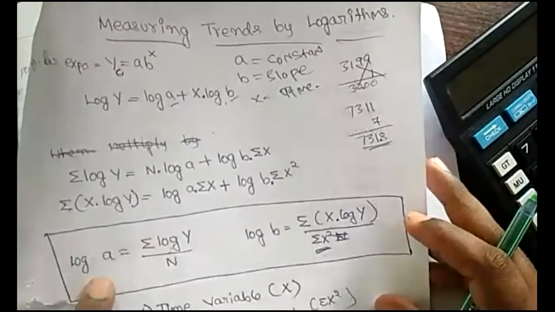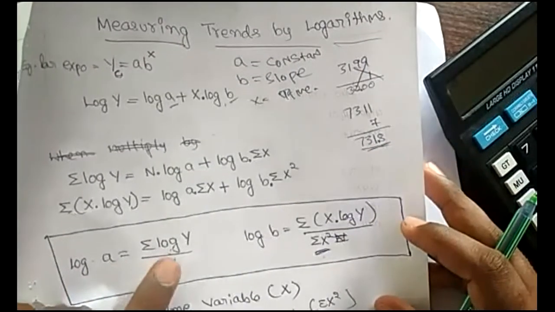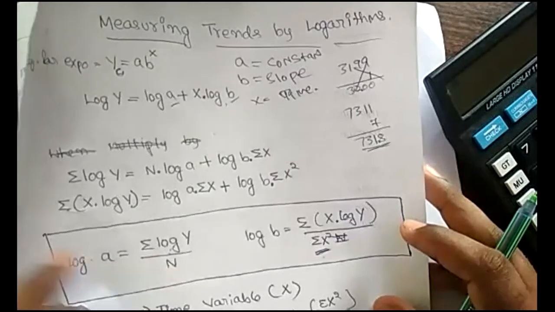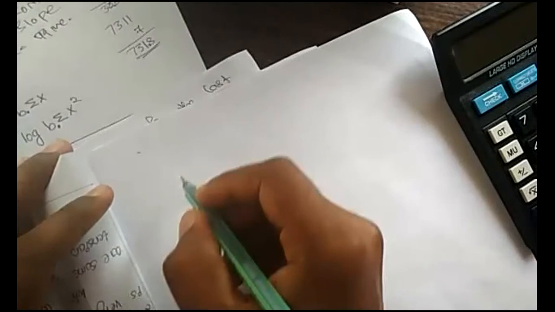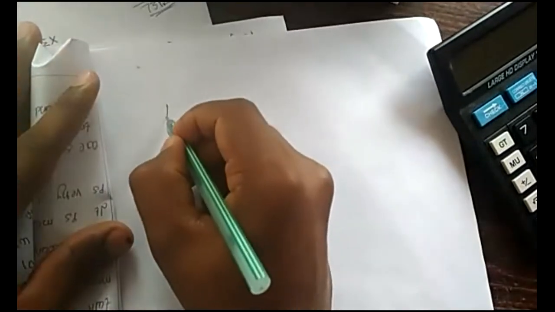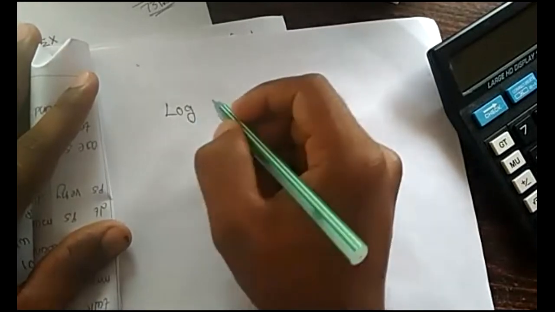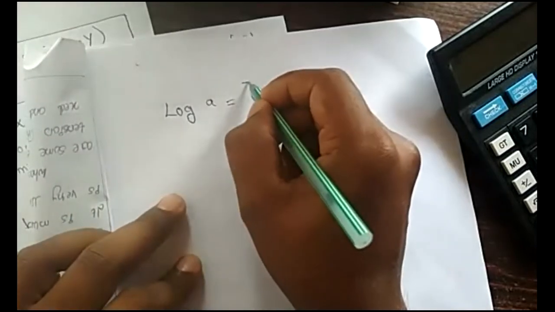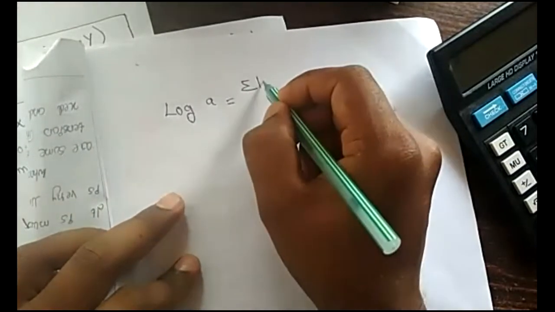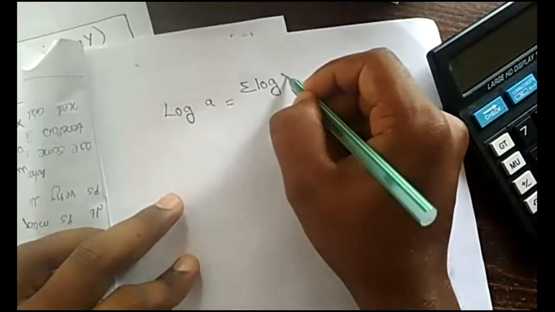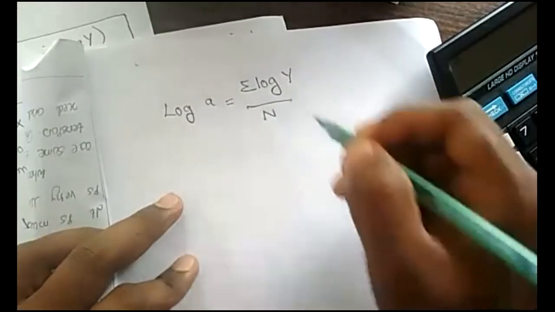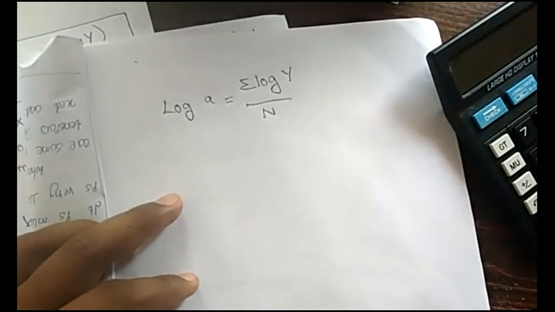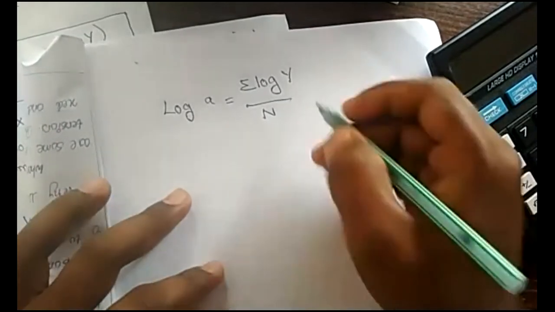So the formula, that is log a is equal to sum of log y divided by n.